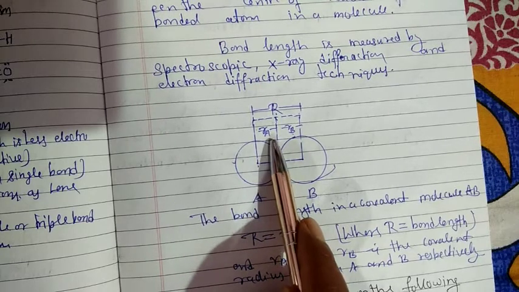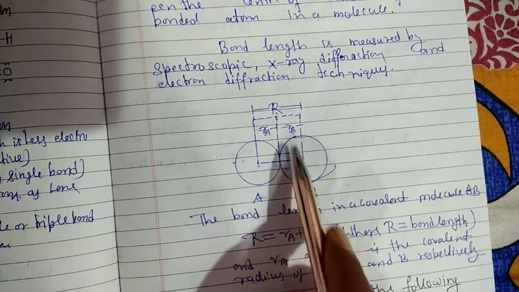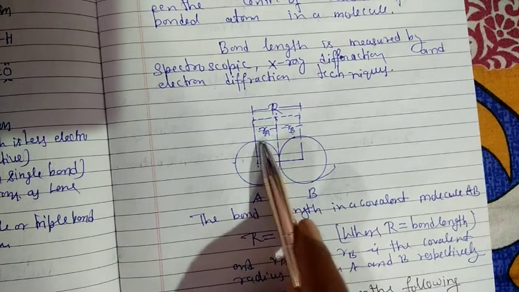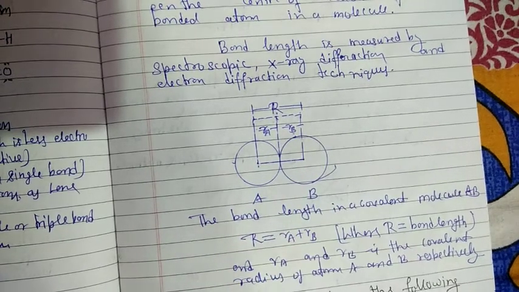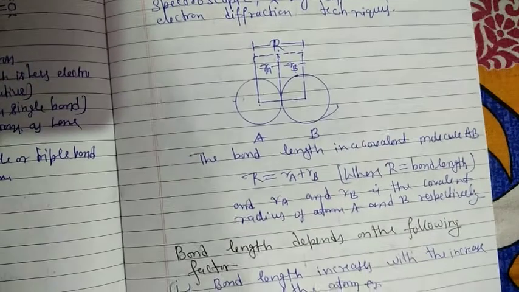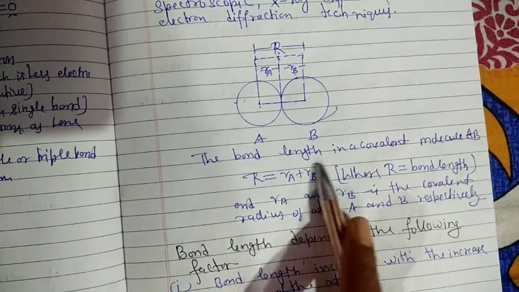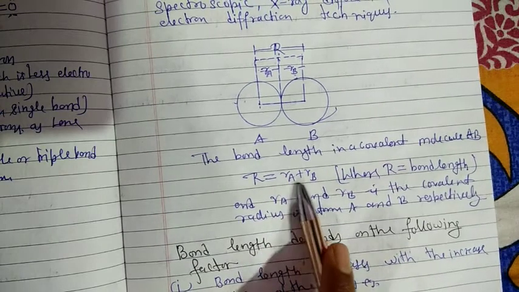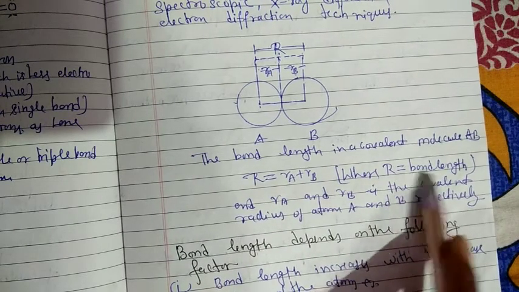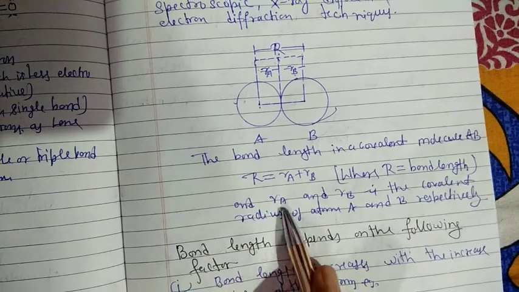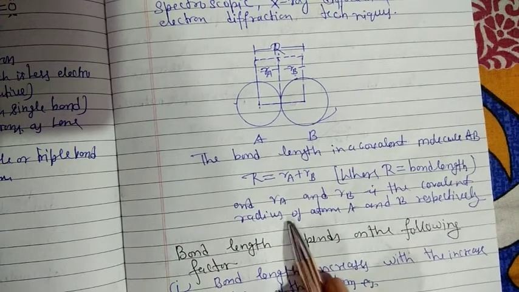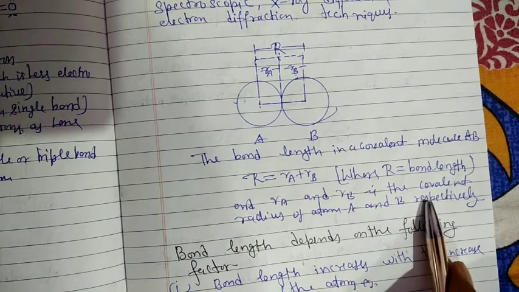Ra is the atomic radius of A and Rb is the atomic radius of B. The total distance Ra plus Rb is called bond length. The bond length in a covalent molecule AB is R equal to Ra plus Rb, where R equals bond length, and Ra and Rb are the covalent radii of atoms A and B respectively.